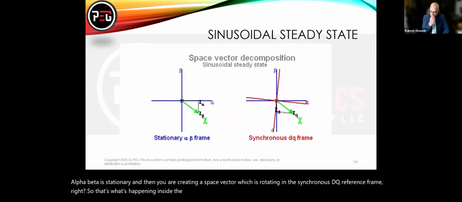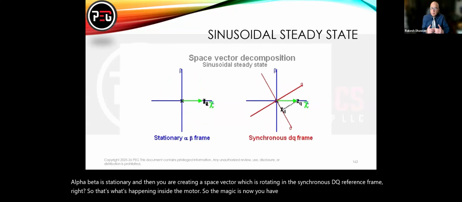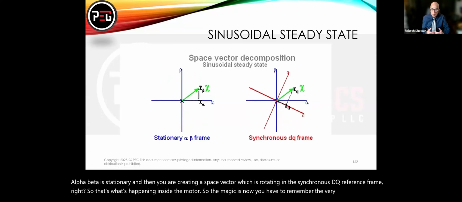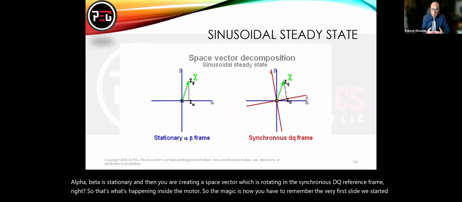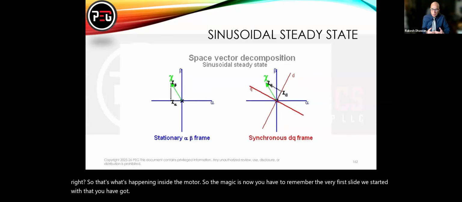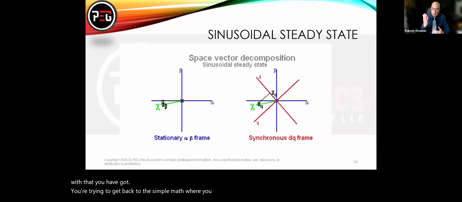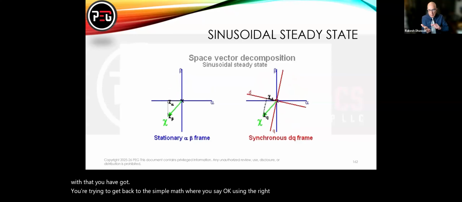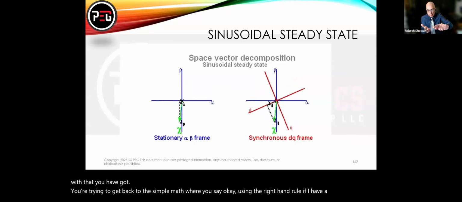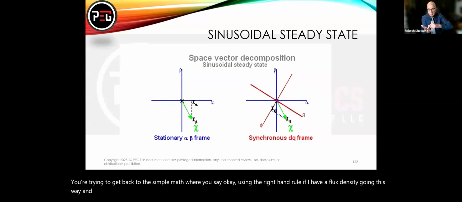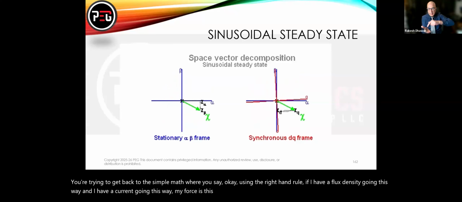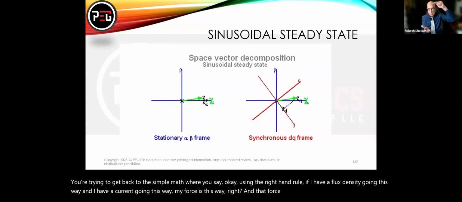So the magic is, you have to remember the very first slide we started with. You're trying to get back to the simple math where you say, okay, using the right-hand rule, if I have a flux density going this way and a current going this way, my force is this way, right? And that force causes a rotation, okay?